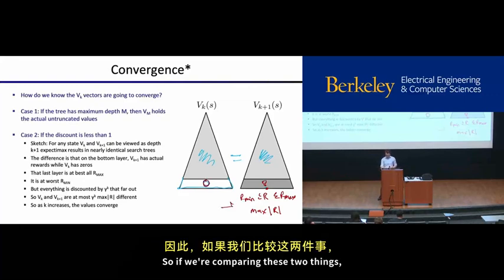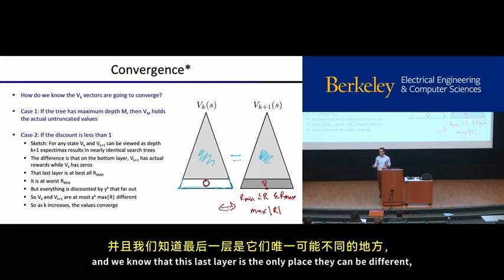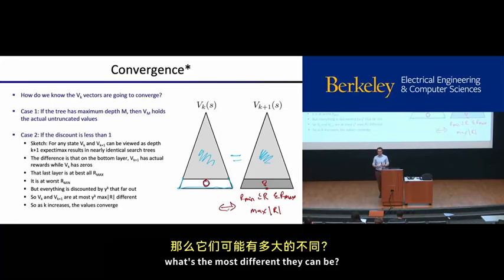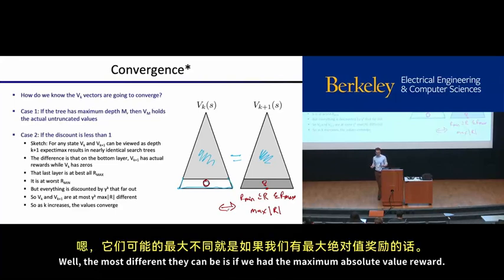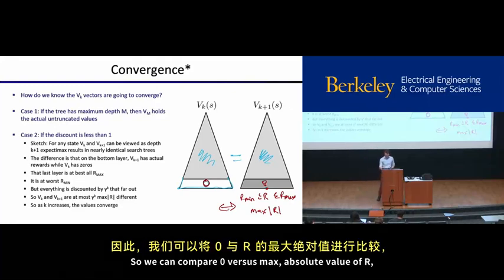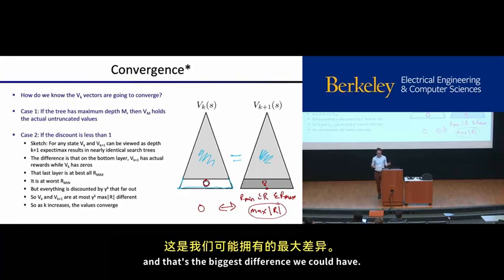If we're comparing these two things, and we know that this last layer is the only place they can be different, what's the most different they can be? Well, the most different they can be is if we had the maximum absolute value reward. So we can compare 0 versus the max absolute value of r. And that's the biggest difference we could have.